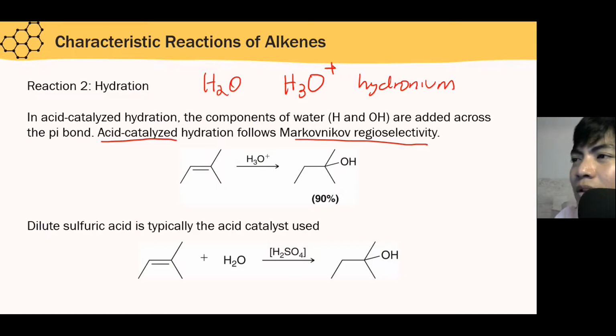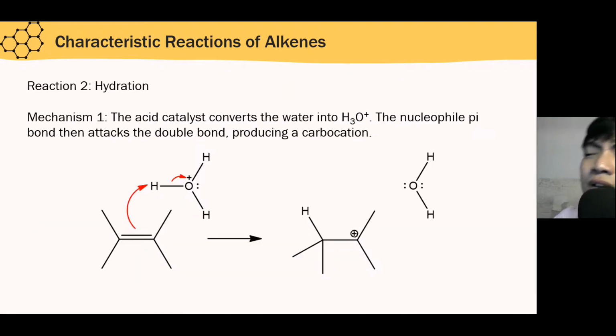So, ganun lang. So, what is the mechanism for the hydration reaction? So, the first step in the hydration reaction is that the pi bond here, your alkene, will get the hydrogen of the hydronium ion. Kunin niya yung hydrogen ng hydronium ion. So it will still follow the Markovnikov regioselectivity.